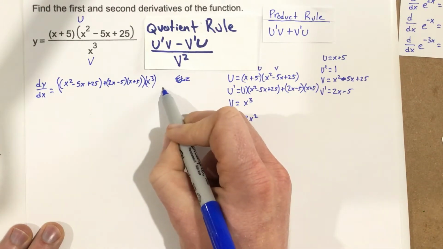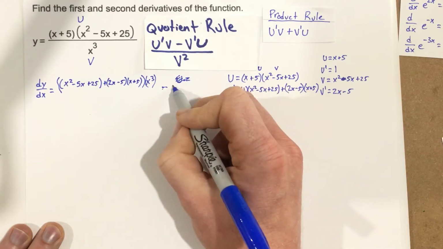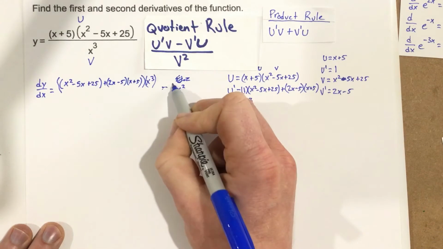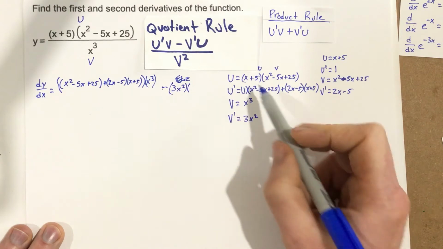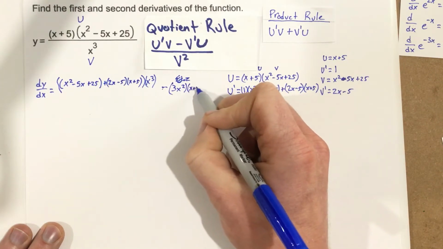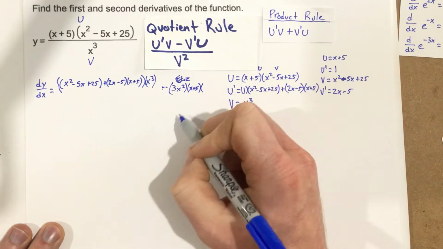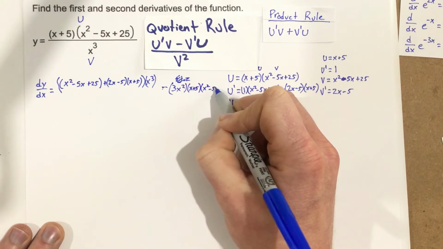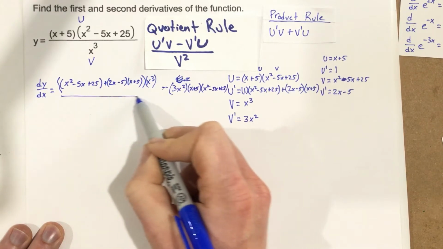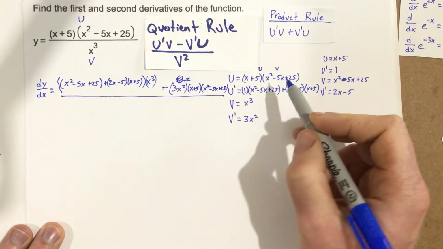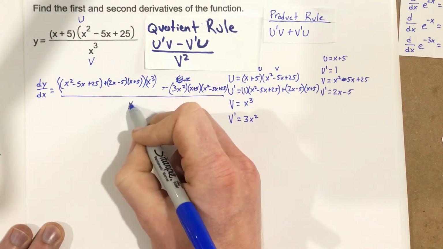And then I'm going to subtract v prime, which is 3x squared, times the u, which is x plus 5 times x squared minus 5x plus 25. And that's all over v squared. v squared would be x cubed squared.